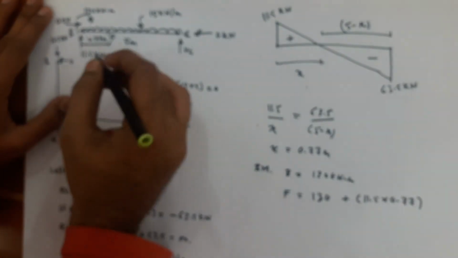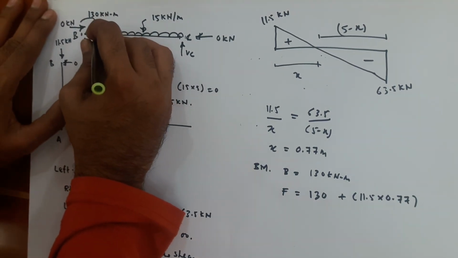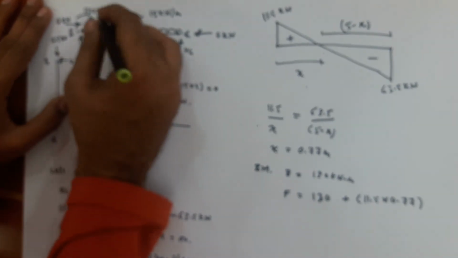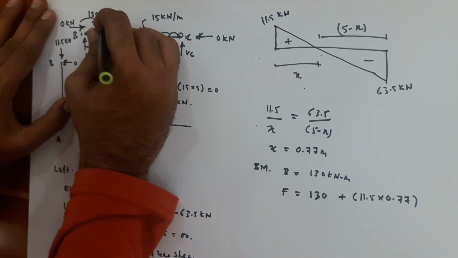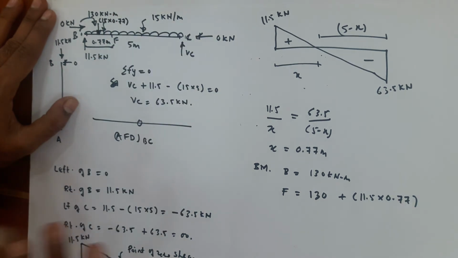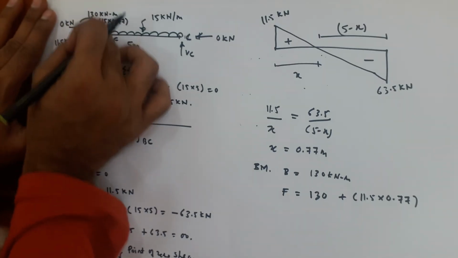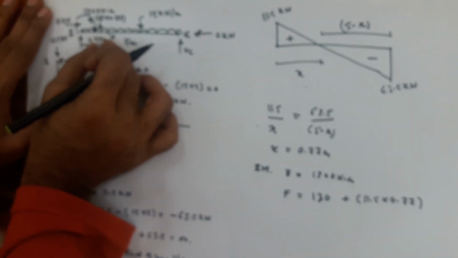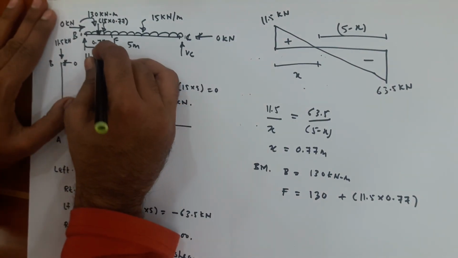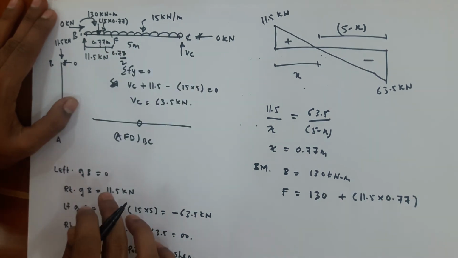Then you have this UDL. The total load of the UDL will be concentrated at the center of this span, so it will be 15 into 0.77, and the perpendicular distance of this load with respect to point F is 0.77 by 2.